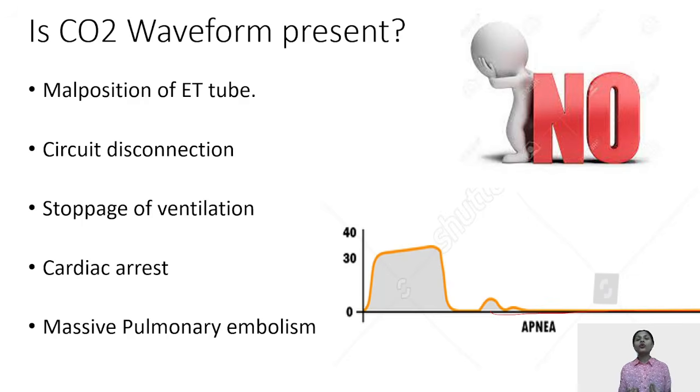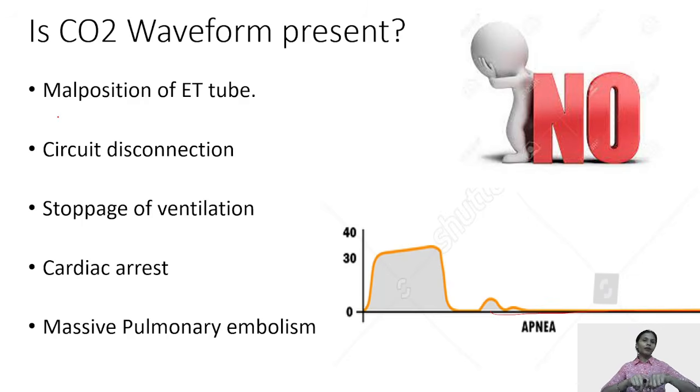Either the EtCO2 is not coming out of the body, or there is some problem with our technique or measurement, so that our EtCO2 sensors are not able to measure the EtCO2 being produced. The first thing would be circuit disconnection, which is the most common reason why a CO2 waveform suddenly goes.